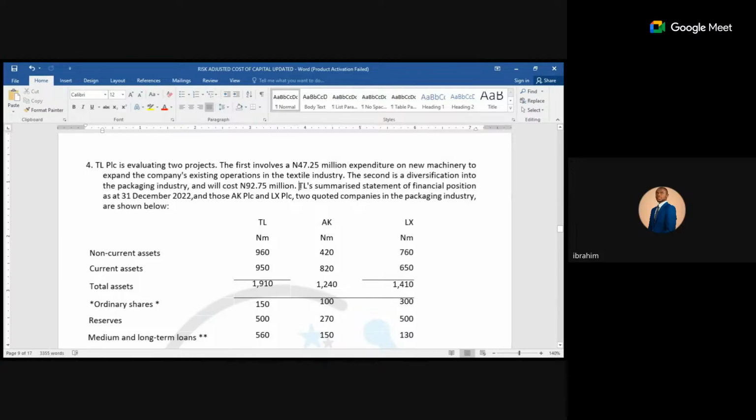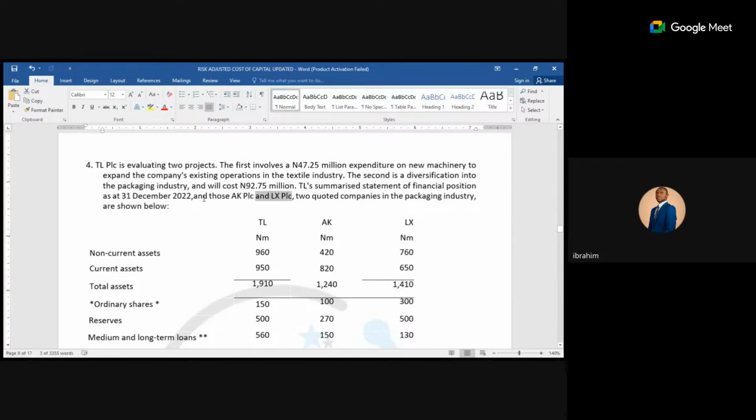Now, TL's summarized statement of financial position as at 31st December 2022 and those of AK PLC and LS PLC, 2 quoted companies in the packaging industry, are shown below. Class, who is AK PLC and who is LS PLC?